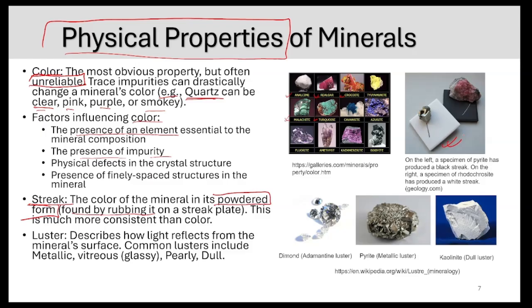We can see here, on the left, we have a pyrite that produces a black streak on a white plate, and we have a specimen of rhodochrosite here forming a white streak. And this streak is a much better way to identify minerals compared to color.